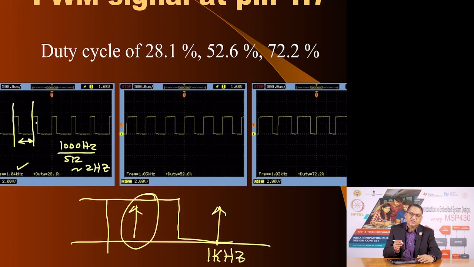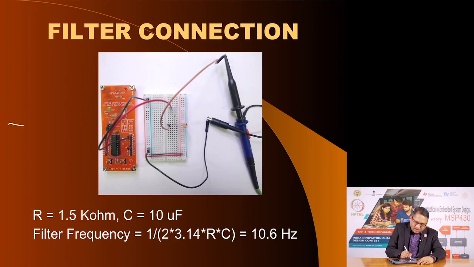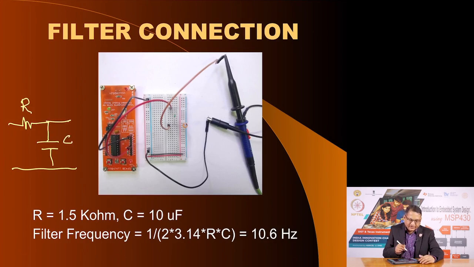You pass this PWM signal through a low pass filter, and the simplest low pass filter is an RC filter, which is like this. If I take R and C, this is R, then C. The 3 dB frequency, 1 by 2 pi RC, here in this case for 1.5 kilo-ohm and 10 microfarad, you get 10 hertz.